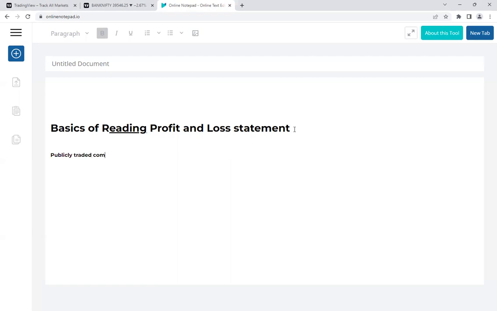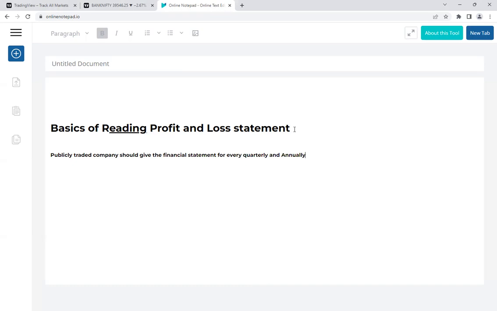which is publicly traded, should give the financial status statements every quarter, for every 3 months, and also annually.